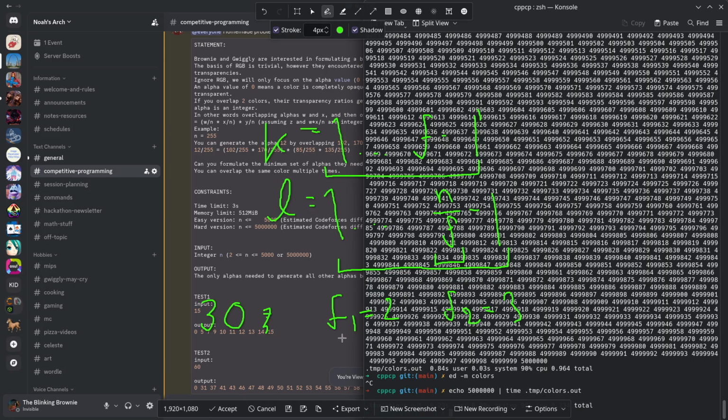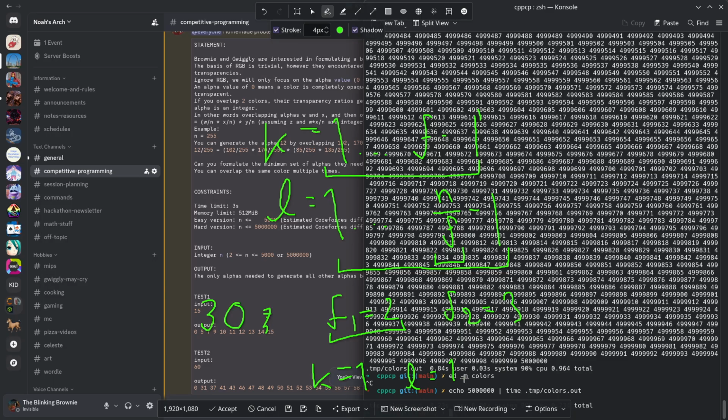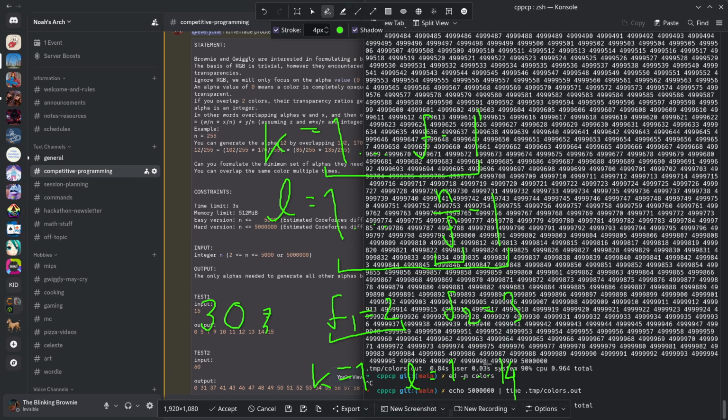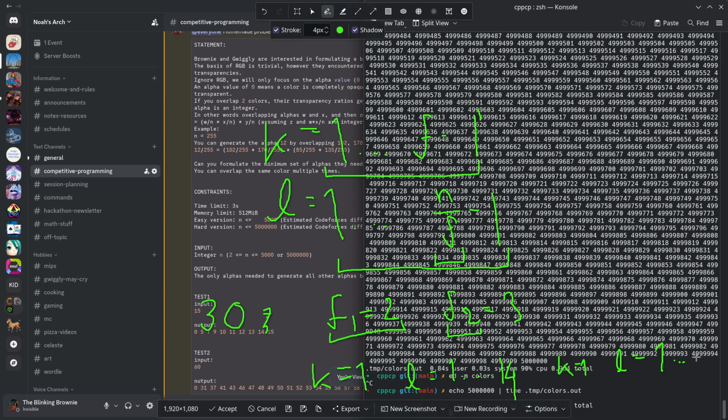In the case of this 2, we set k to be equal to 1, and then we iterate l from 1 to n over f, which is 15 minus 1, 14. So l we iterate from 1 to 14. For f2, which is 3, we also set k to be equal to 1, and then we iterate from 1 to n over f, which is 10 minus 1, 9. So l is iterated from 1 to 9.